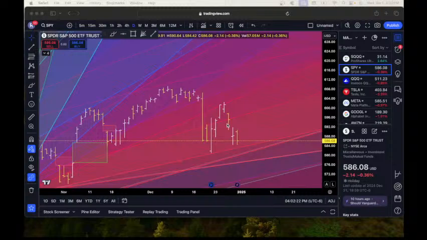Once I get the idea of where my support and resistance levels are, support being down here, resistance being up here, and knowing how to play the roller coaster of the market that we've been getting lately. I saw the downtrend earlier this month, and we are getting up here.